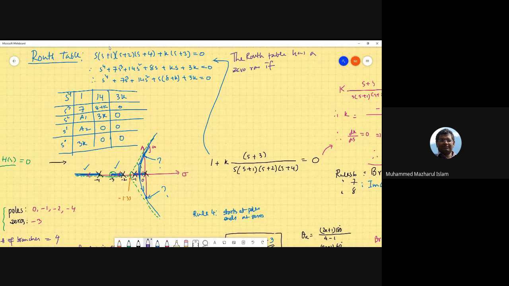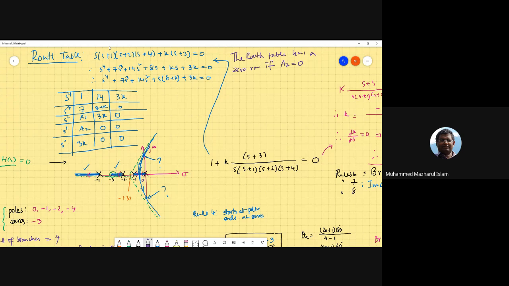Can you tell me for which conditions the Routh table shown here will have a zero row? If a2 is equal to 0, very good. Any other conditions? It will depend on the value of k, of course.